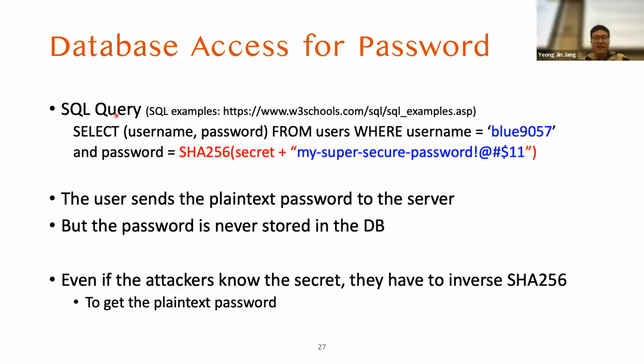Let's follow the current query. To retrieve the password and verify it, what we need to do is select the username and password pair from the users table. There is a table in the database where username is my user ID, so we supply the user ID from the user, and the password is SHA-256 of the secret added with my password.